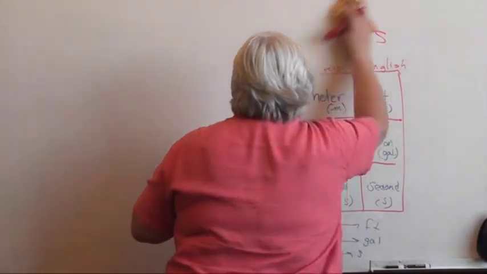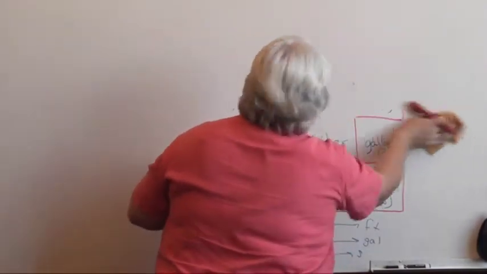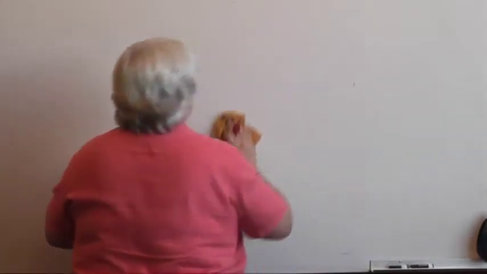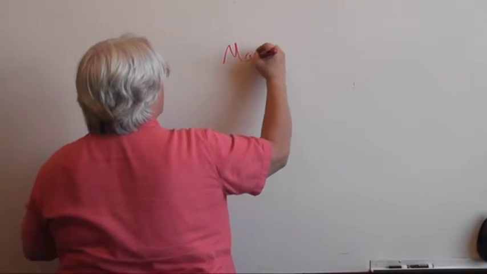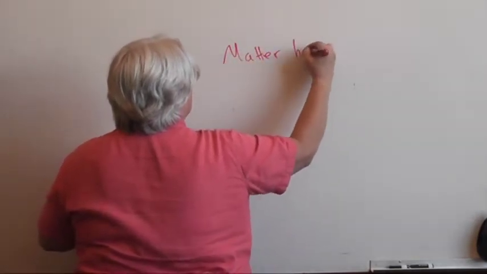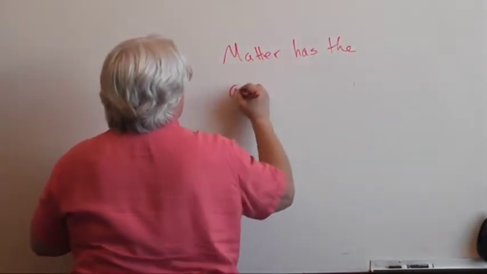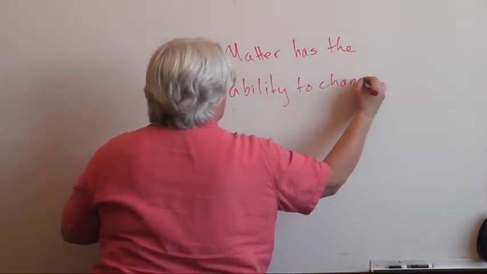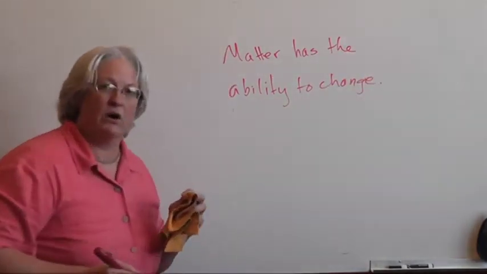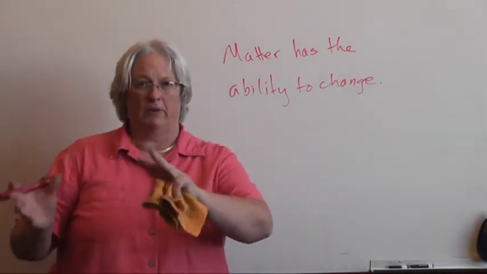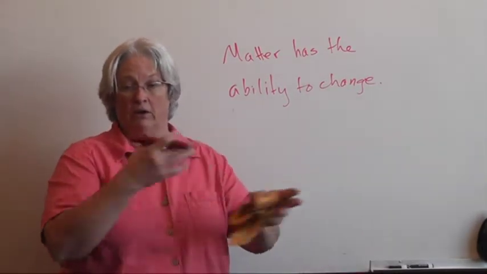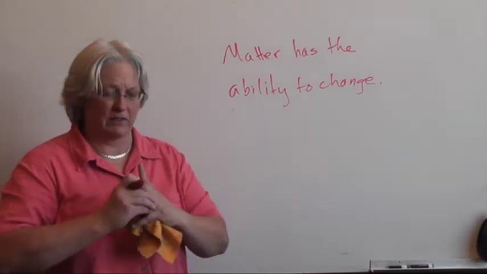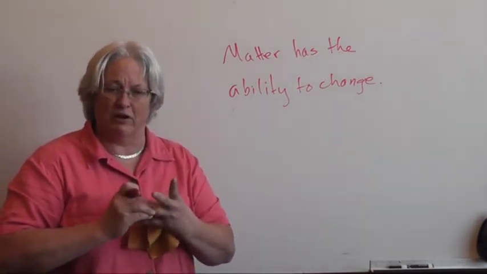Something that's really key to the study of chemistry is that matter has the ability to change. So in your notes somewhere, matter can change. If you ever watched The Shaggy Dog, either the very old movie or any of the various revisions, there was this ring that lets you transmogrify.